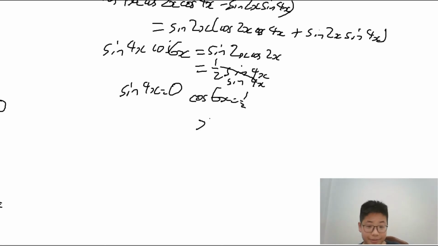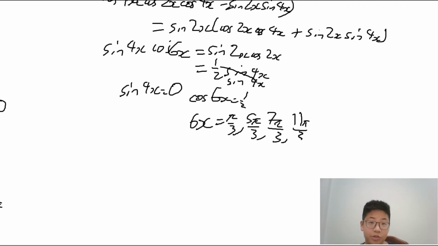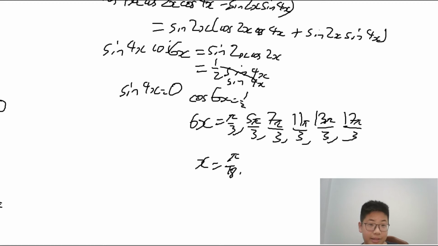And so 6x being pi over 3, 5 pi over 3, 7 pi over 3, 11 pi over 3, 13 pi over 3, 17 pi over 3. And then x equals pi over 18, 5 pi over 18, 7 pi over 18, 11 pi over 18, 13 pi over 18, 17 pi over 18.